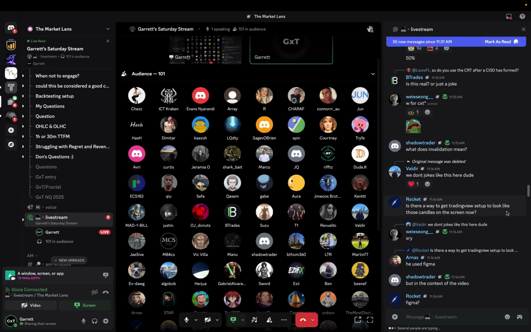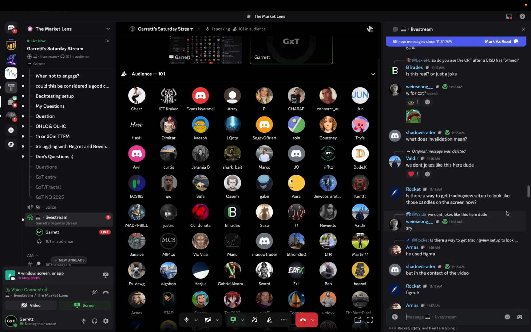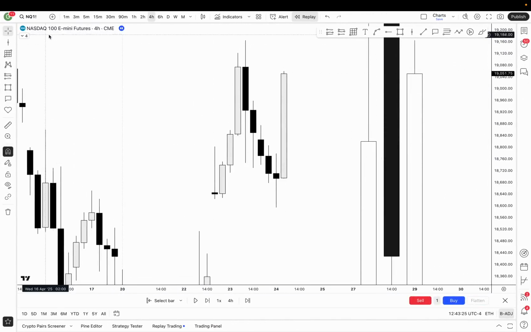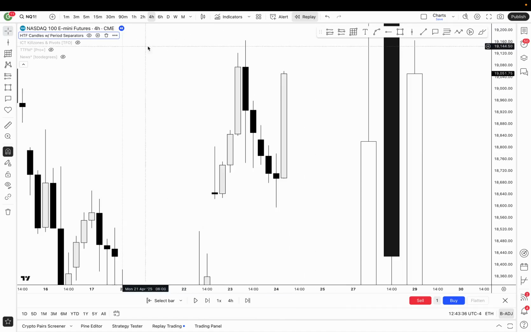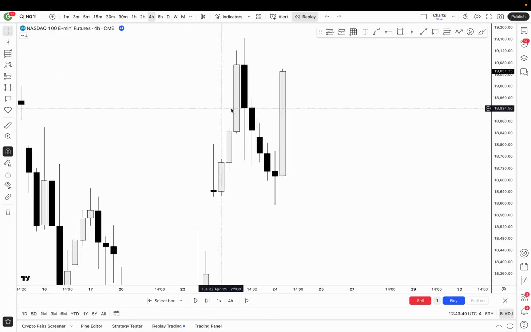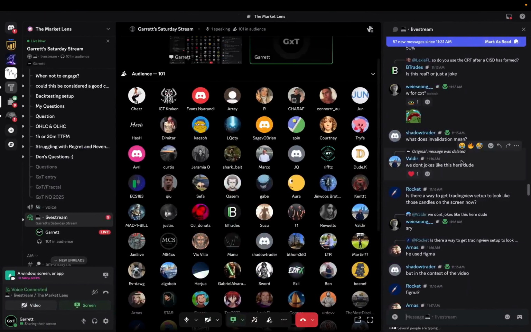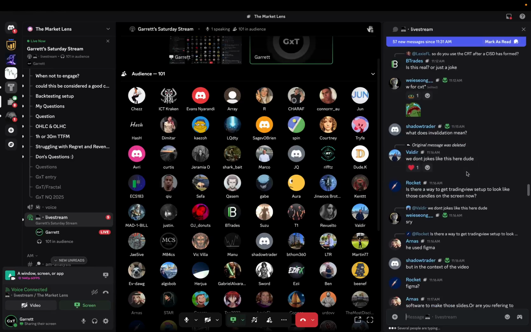Is there a way to get TradingView set up to look like those candles? Oh yeah, this is an indicator. Someone can probably share it with you, but this is like a paid one. If you look it up, apparently it doesn't pop up. I got this from T in his channel, so it must be some paid version or something. I don't pay for it, but yeah, I don't know. There's a link that someone can share with you, but it's just an indicator.